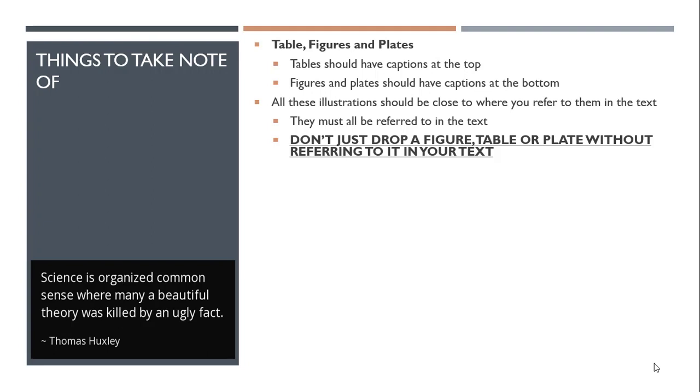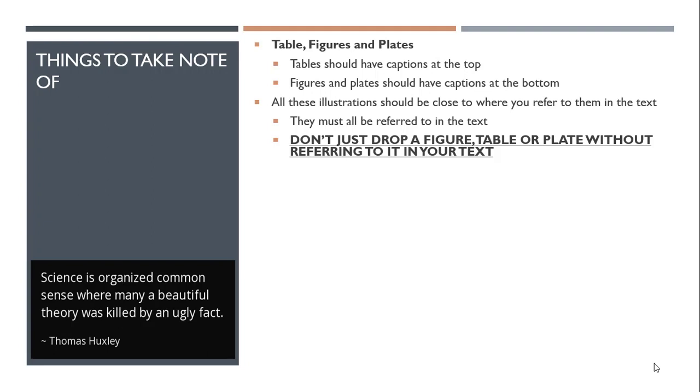When you put a table, very close to it or next to it, there should be an explanation or whatever discussion you want to have about that particular table or figures or plates. Don't just drop a table and never talk about it. No, it is essential that the figure, the table, the plate must be referred to in the text and explained.